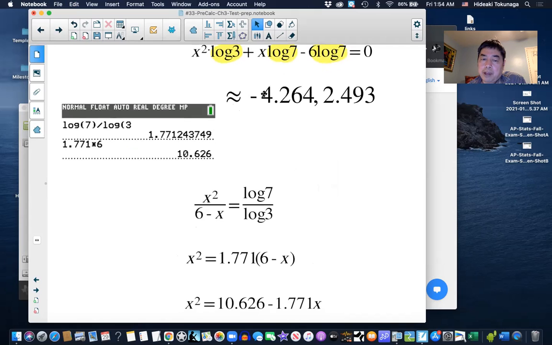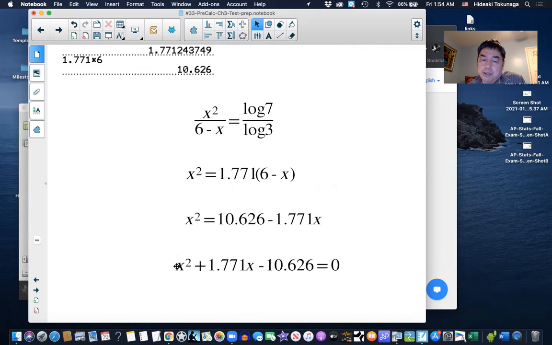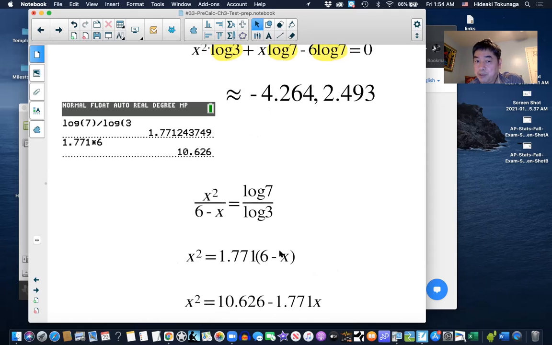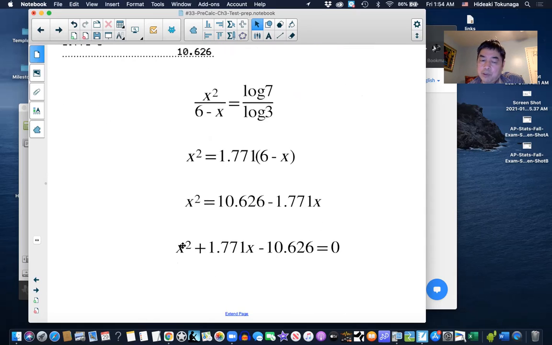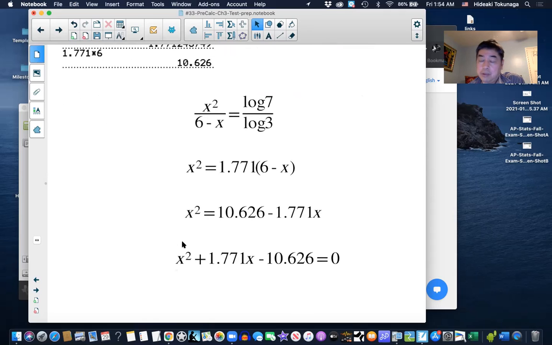And most likely, if you plug in -4, just think about it. If you plug in -4, it's going to be 16. -4 times 1.7 is around -6, maybe, and around this is -10, so it cancels out pretty much. Okay, right? If you plug in 2.4 here, 2.4 times 2.4, 3 times 3 is 9, so it's going to be around 8.